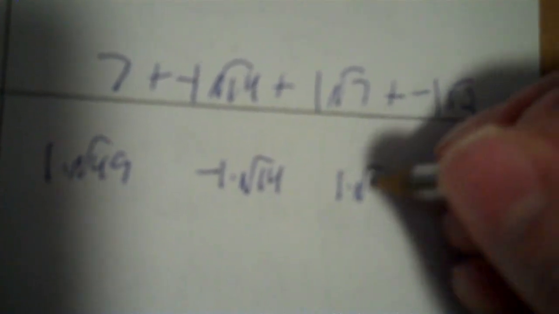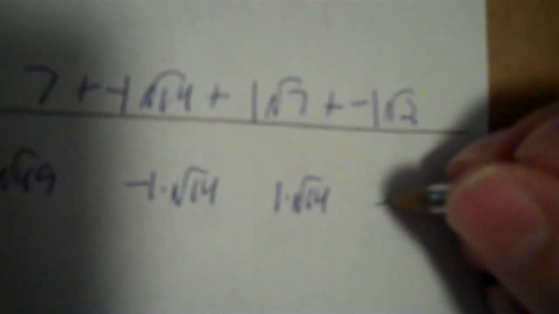Okay, now on the bottom we've got 1 times the square root of 49, negative 1 times the square root of 14, positive 1 times the square root of 14, and then negative 1 times the square root of 4. Okay, well we know that these cancel. That's the whole point of doing this, so that the middle two cancel when I'm finding the bottom product.